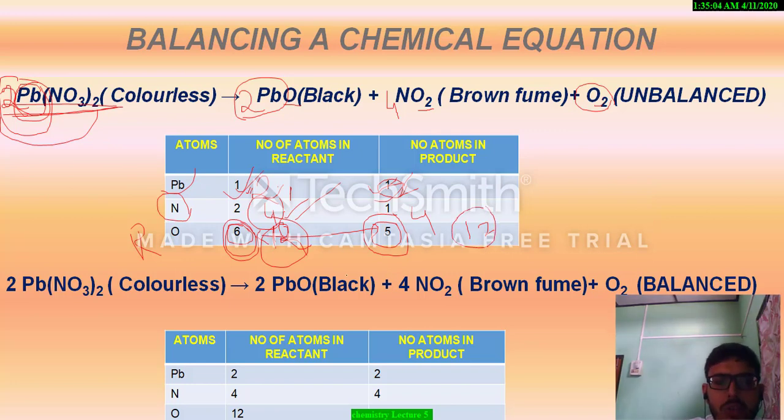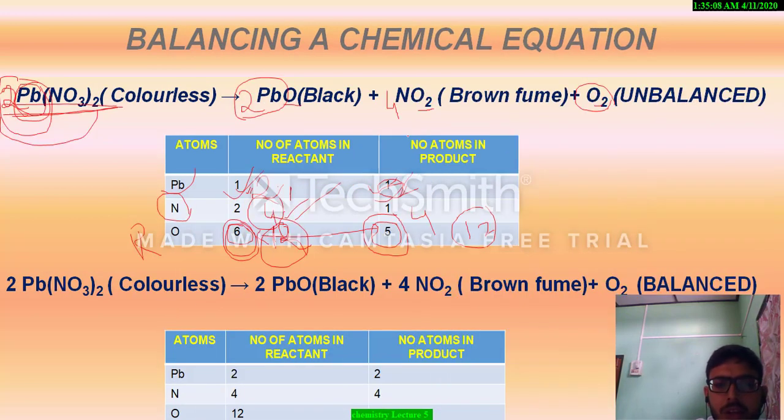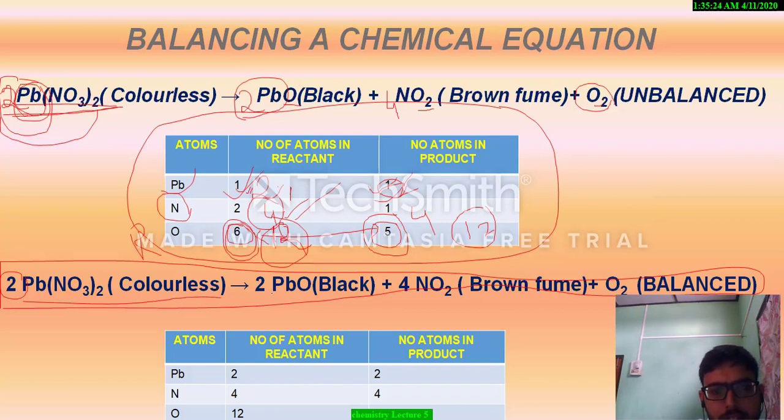So after doing all this, we will get the balanced chemical equation like this: 2 lead nitrate when heated will form 2 lead oxide molecules, 4 molecules of nitrogen dioxide, and 1 molecule of oxygen. So let us take another example.